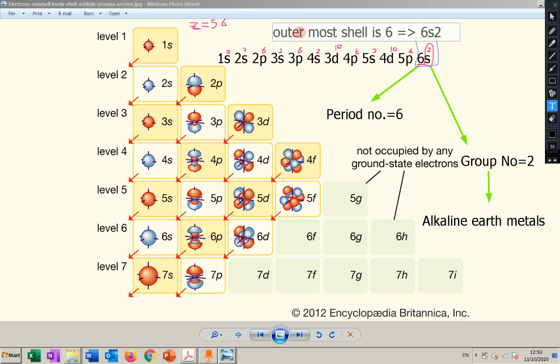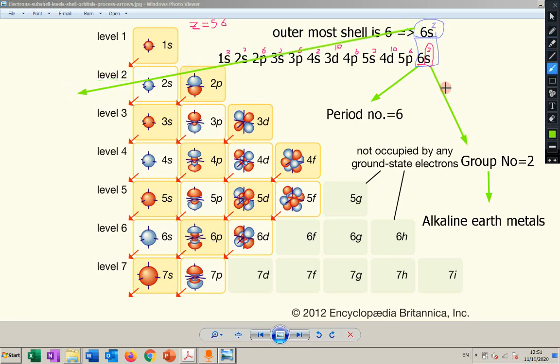So if you find the outermost shell number, write all the subshells in it. For example, we have 6s2; if I had 6p, we would write it too. Then you take the summation of the electrons within. The valence electron comes from the summation of those. Since we only have 6s, this gives us the valence electron.